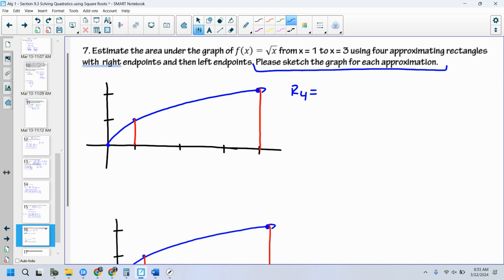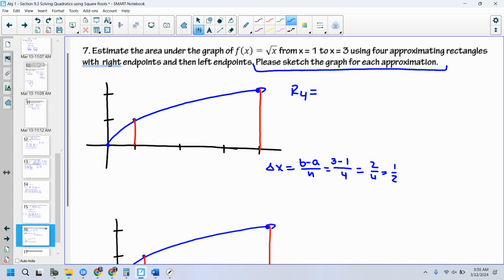Sometimes it's easier just to write it as factored all the way out. Well, what is delta x in this case? Well, delta x is always b minus a over n. So b is 3, a is 1, n, we're doing R4. So 2/4 is 1/2. So delta x is 1/2 in this case. That's going to stick both right side and left side.